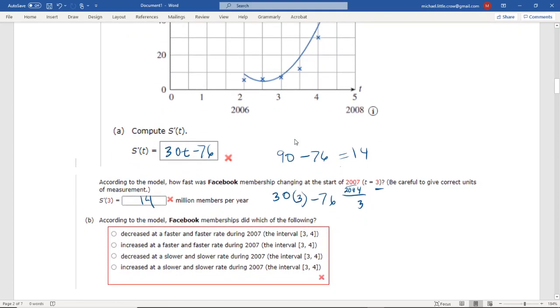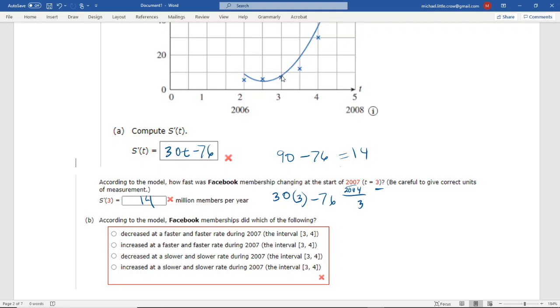According to the model, Facebook membership did which of the following? So the model was decreasing. Now remember, this is 2006, so we decreased till maybe partway through the year, and then they started increasing. Here, the year 3, this is 2007. So let's see, decreased at a faster and faster rate during 2007? No, it's a positive number. It's actually increasing. Increased at a faster and faster rate during 2007?